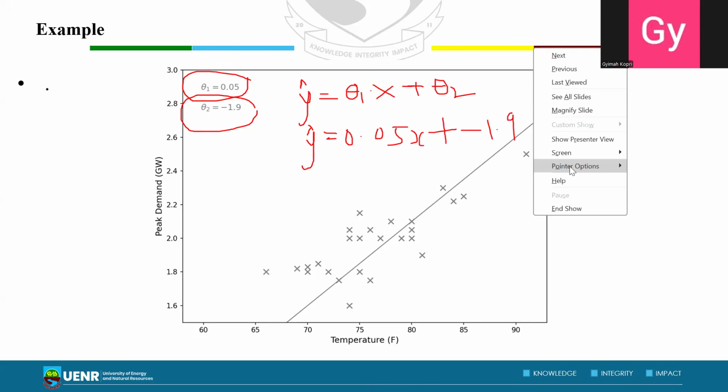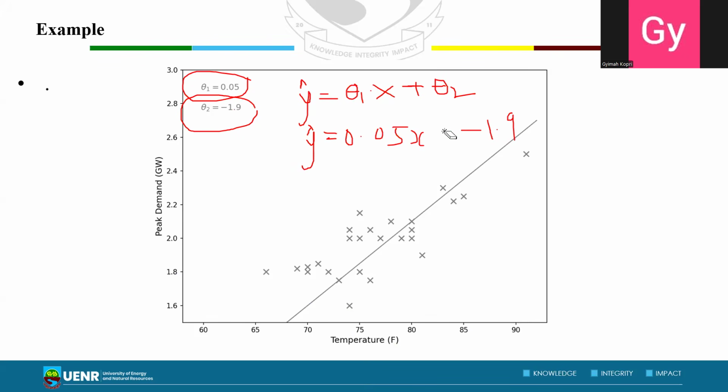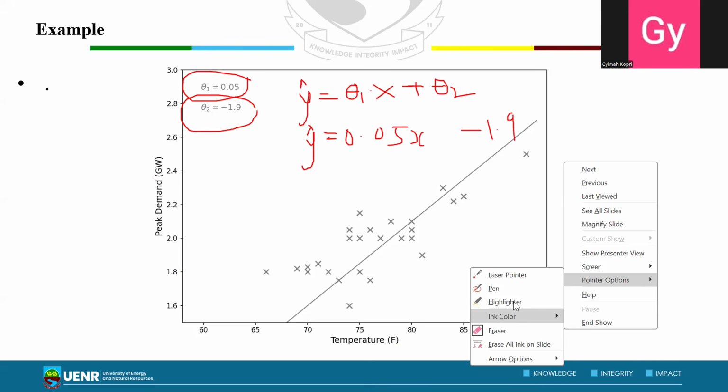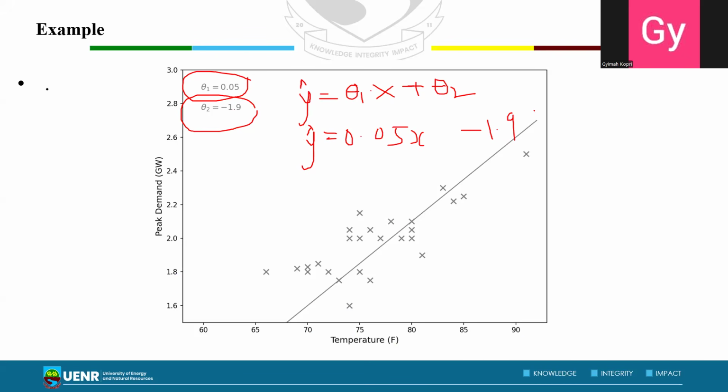So everything will rather be minus 1.9. Simple. Now can we use this to solve a question? Because you can now use this to predict.